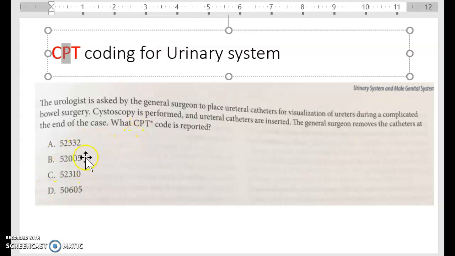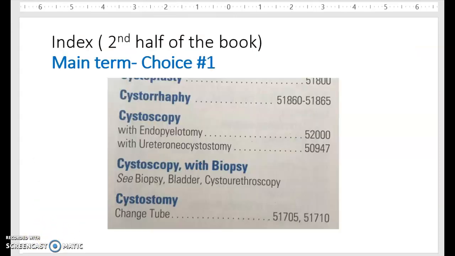In case I don't have the choices given, I will have to go through the proper steps of CPT coding. And the first step is always to go to your index. Okay, so I am on my index, which is the second half of the CPT book, the end of the book, and you will see how all these main terms are organized in ABC pattern. So you want to look for cystoscopy, and we call this first word the main term.